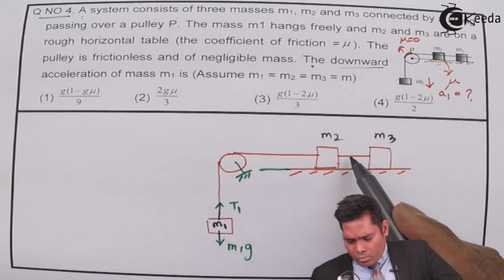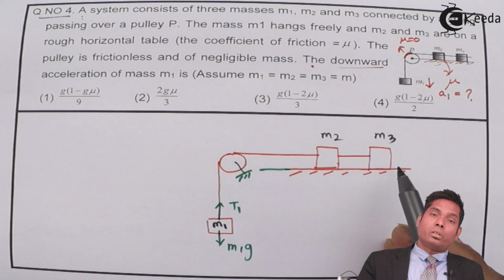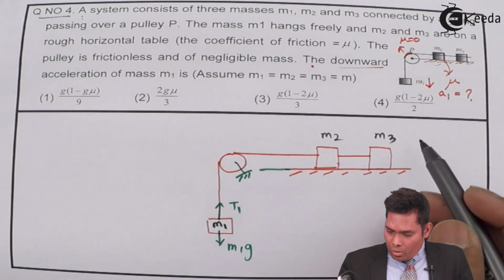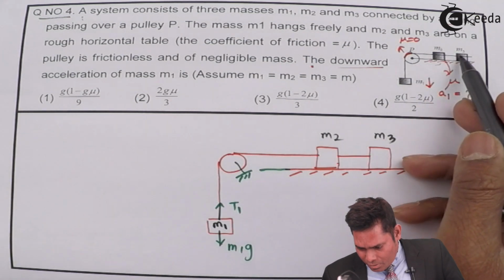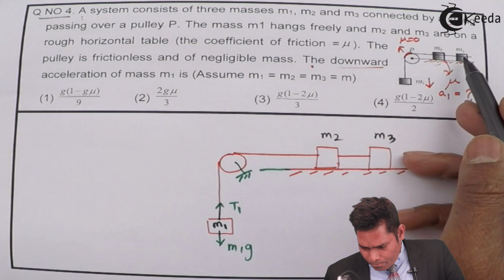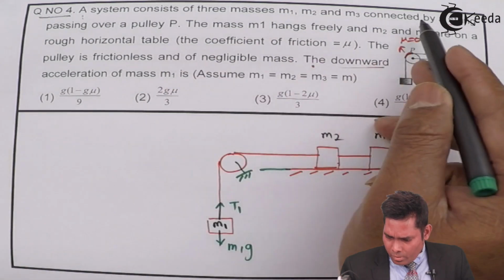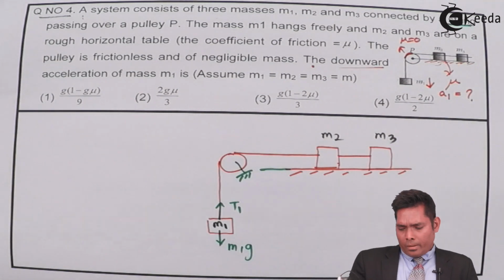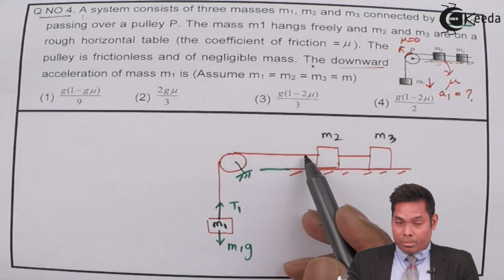You can take two strings, but then the tension will also be different. Since it seems as if one single string is actually pulling, my tension here and there will be the same.